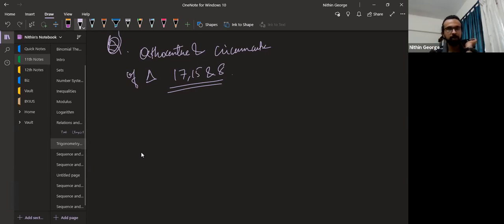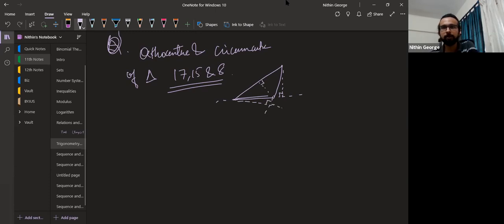Even if you have a triangle like this, you can draw an altitude. From this point, you just draw an altitude here. This will be the altitude, as long as it meets this line somewhere, not the line segment, the line somewhere. Now from here to here, you draw another altitude. From here to here, you draw another altitude.